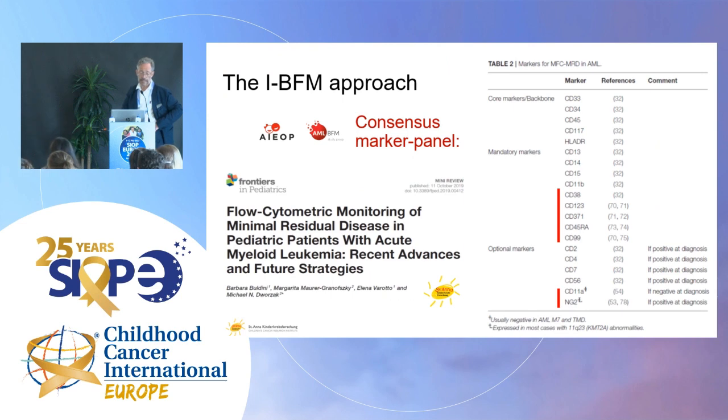We have developed, together with our friends in Padua, an array of markers which are of interest, especially for the pediatric situation. And this is what I want to show you: why are these pediatric LAIP markers, which are in addition to what is known from ELN, the European LeukemiaNet, which works for adults, of interest?